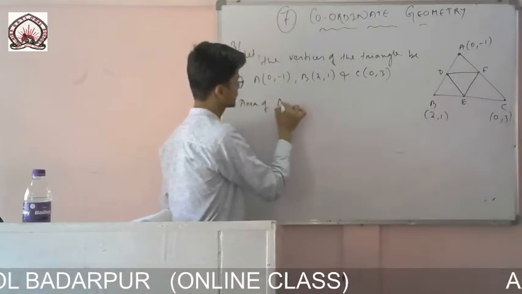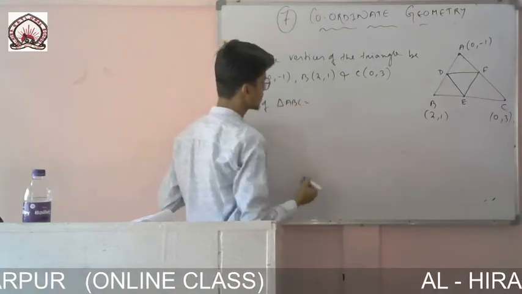Area of triangle ABC, what is the formula?